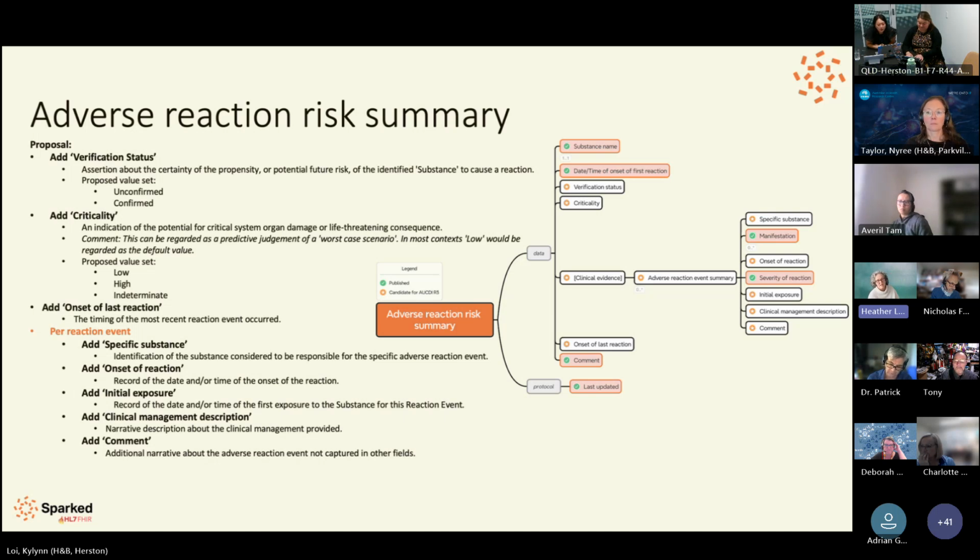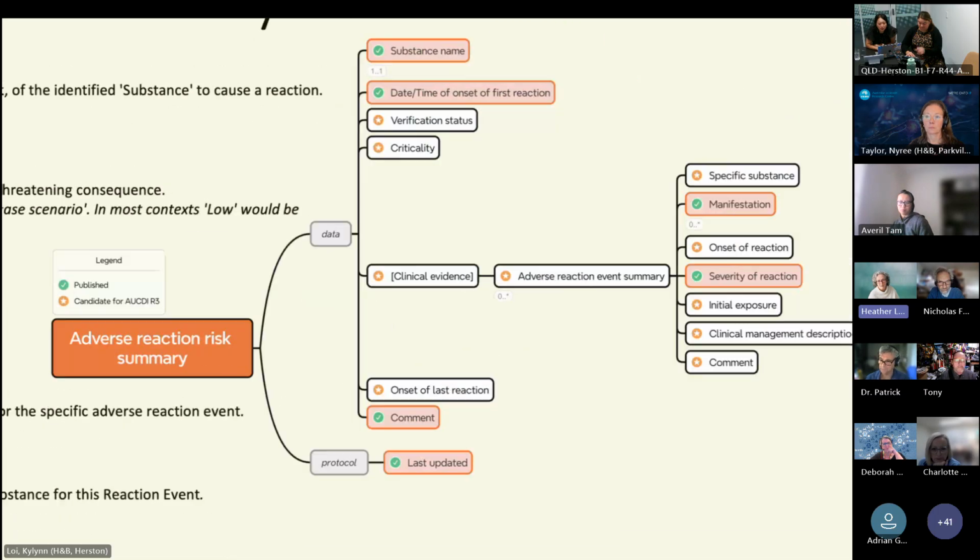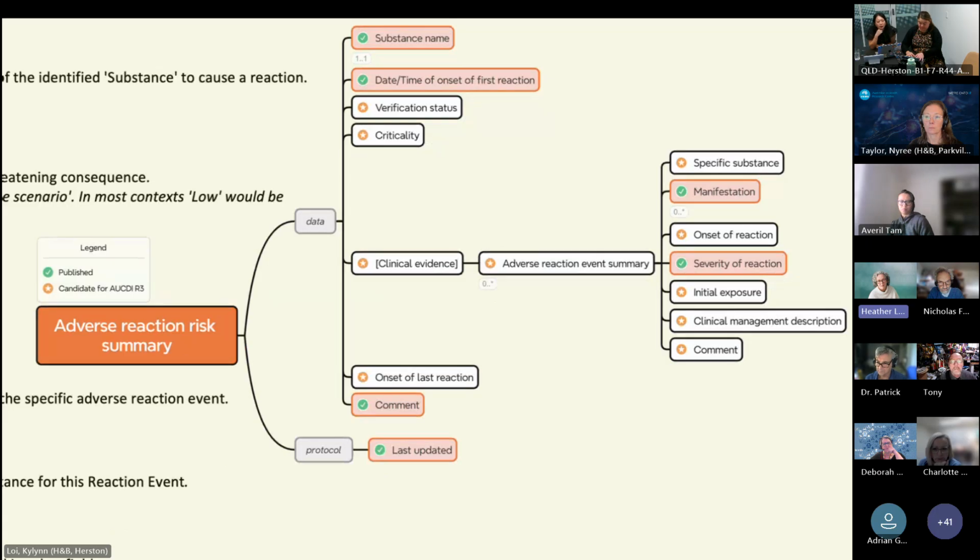So it is the severity of the propensity for an adverse reaction to occur on exposure in this situation. You can see on the right-hand side of that mind map, we've got severity of reaction. That's recorded. So that's trying to give some indication of whether it was life-threatening or mild, etc., of overall reaction, all the manifestations. So if we're talking about severity of each reaction event, that's where you record severity.